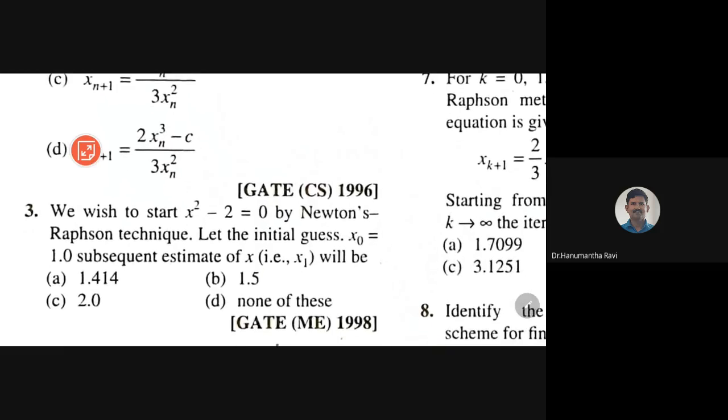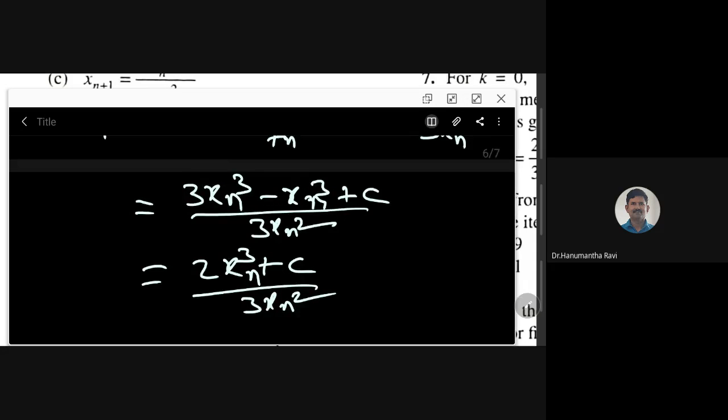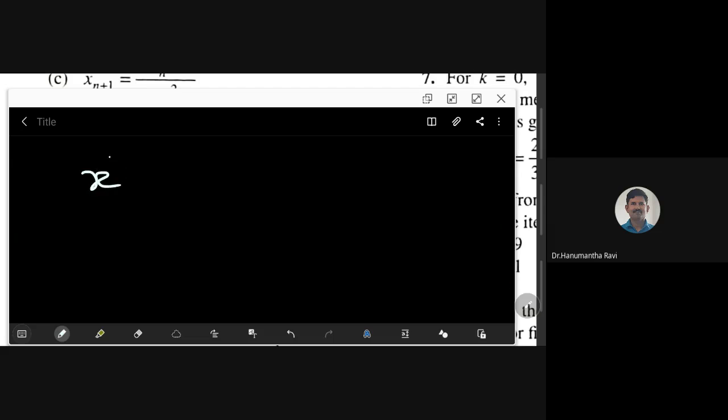Now come to the third one. Again, Newton-Raphson method. Most questions may come from the Newton-Raphson method formula, so you have to be careful. In this case, x square minus 2 is equal to 0 is given.